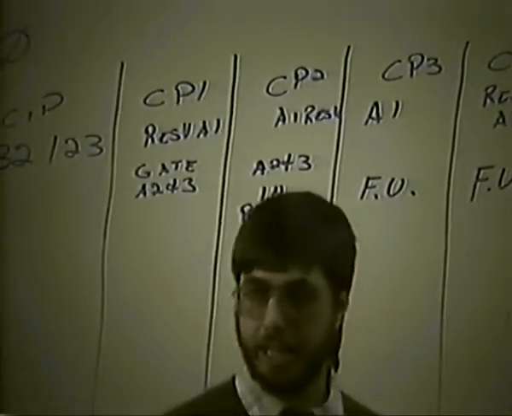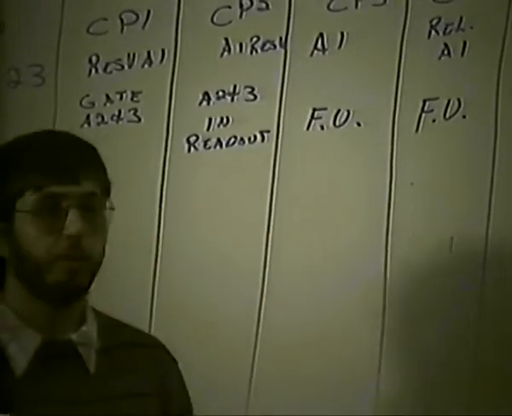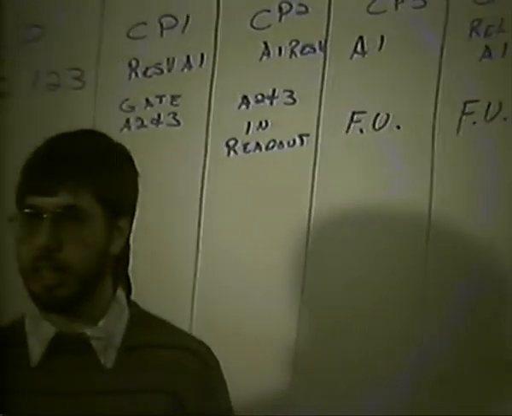CP6. Now, there's a question arises here. How long does this functional unit actually take? Now, I told you yesterday in the lecture that it was 3 clock periods, but there's another way you can find that information out. In the hardware reference manual, it lists how many clock periods it is until the data is ready. Now, if you look up 032, it should say AI ready in 4 clocks.